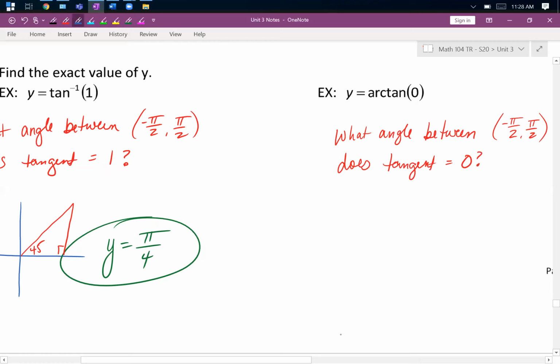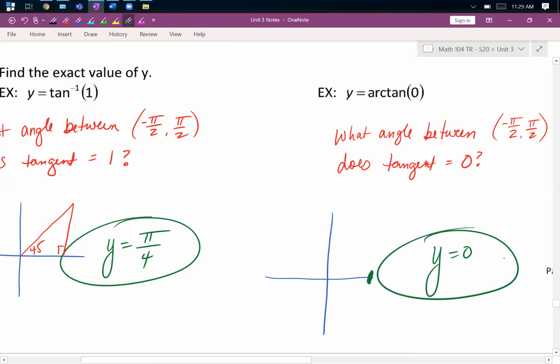Now, the only time that tangent equals 0 is when the y value is equal to 0 and the x value is anything else. Well, between -pi/2 and pi/2, where is our y value 0? Well, right here. We get y to be 0.